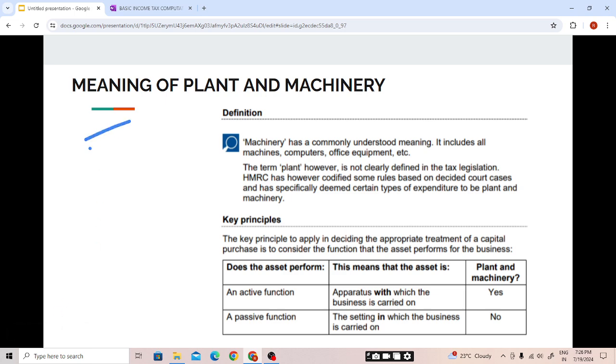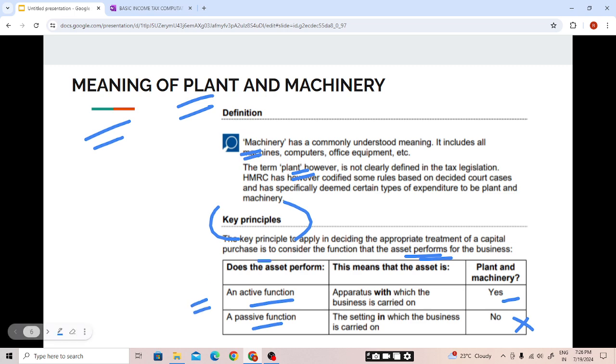Now, as we have seen the definition of plant and machinery is commonly understood term. When we came to the case of plant, we had seen key principles, how we determine whether the asset is plant and machinery based on the asset's performance for the business. If the asset performance is active function, plant and machinery; passive function, then it will not be classified as plant and machinery.